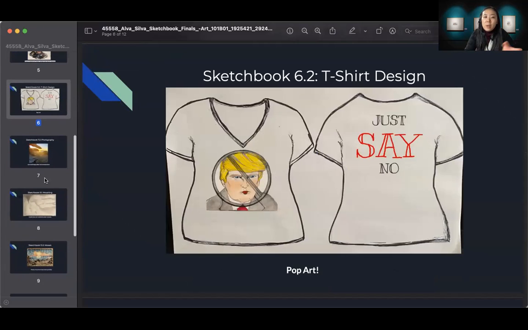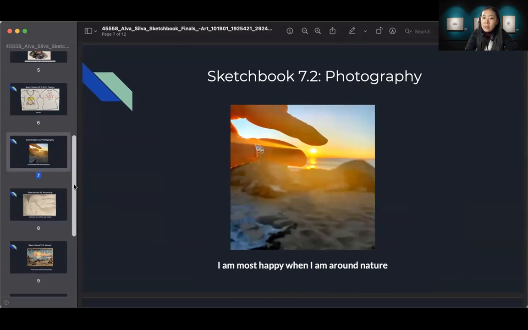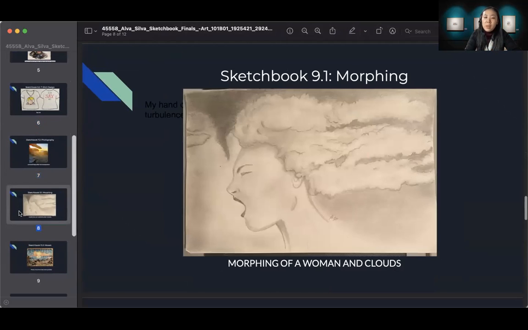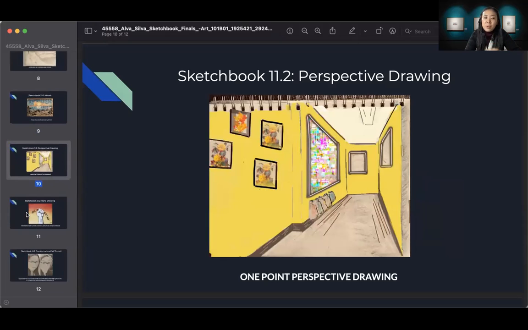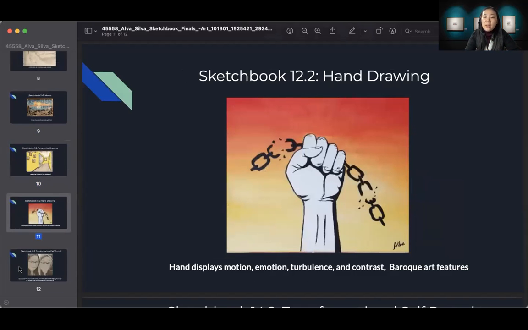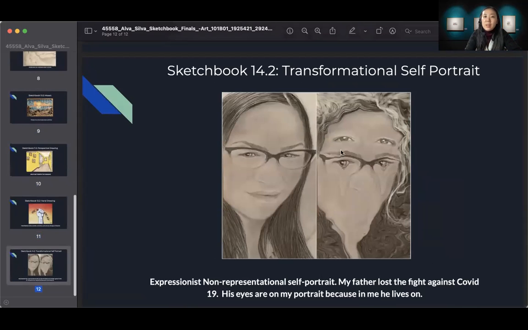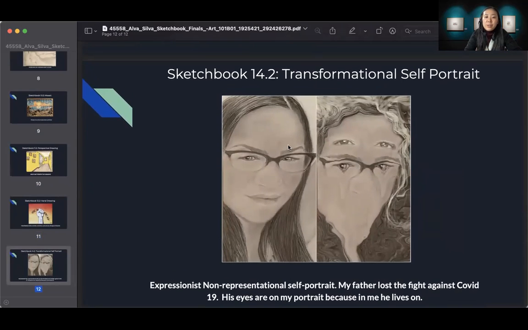So some of the work can be very high quality, but some of the work can be just a simple drawing. It depends on the project. And then, like she did, you can use hand drawing or you can use the digital drawing tool, doesn't matter. This, and let me share another student's work.